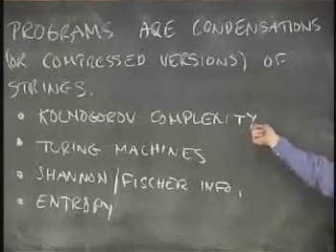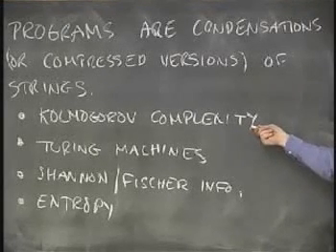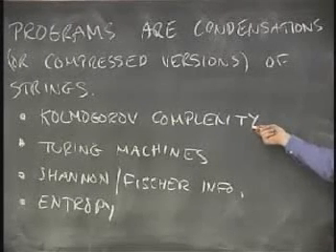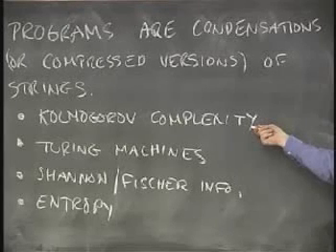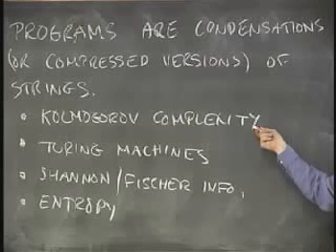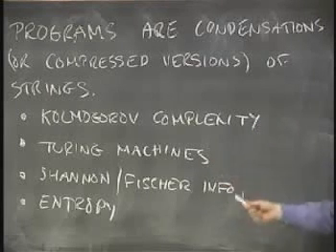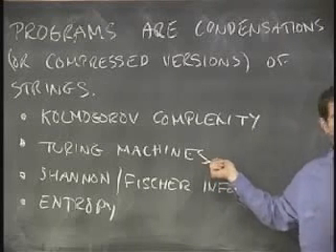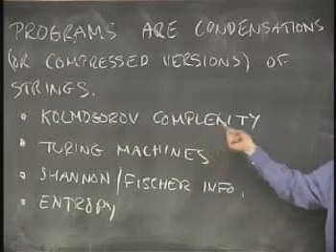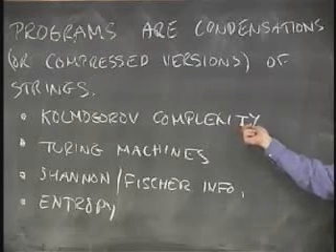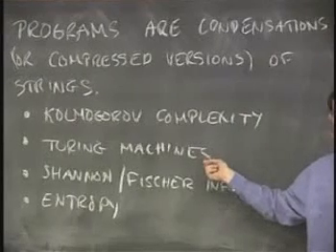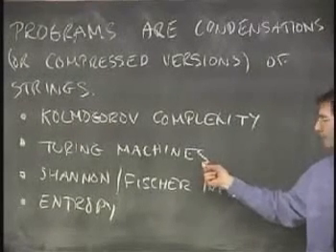Kolmogorov complexity measures the inherent difficulty in recording a string, the patterns that it contains, where a string means any arbitrary sequence of symbols, such as the output from a program or the program itself. Turing machines are descriptions of machines, of programs in a nice universal way that depends on the Kolmogorov complexity to understand how efficiently you can do that encoding.